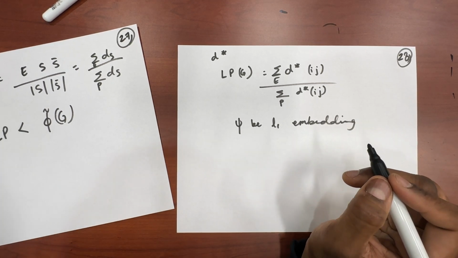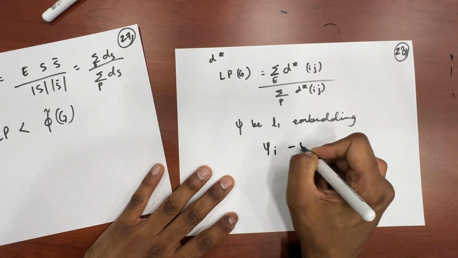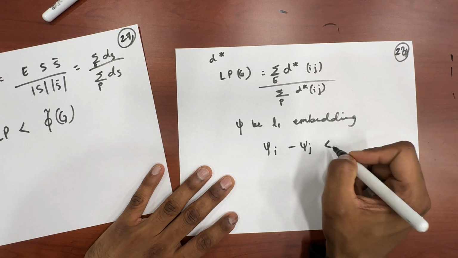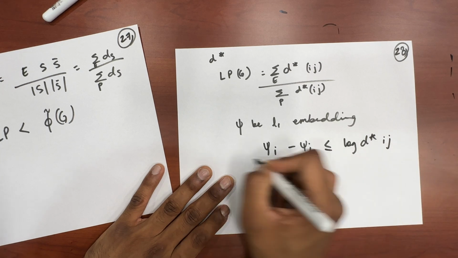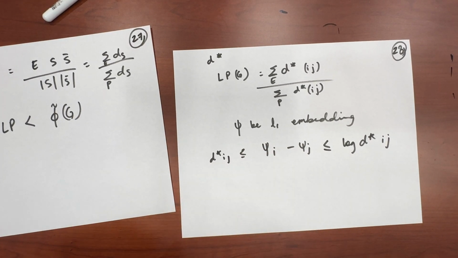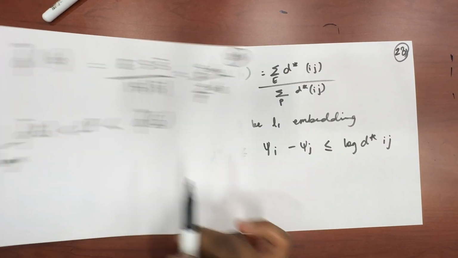So what we are claiming, from Bourgain's theorem, is that phi i minus phi j is less than log n times d star ij and greater than d star ij, right? I want to prove that LP is greater than something.